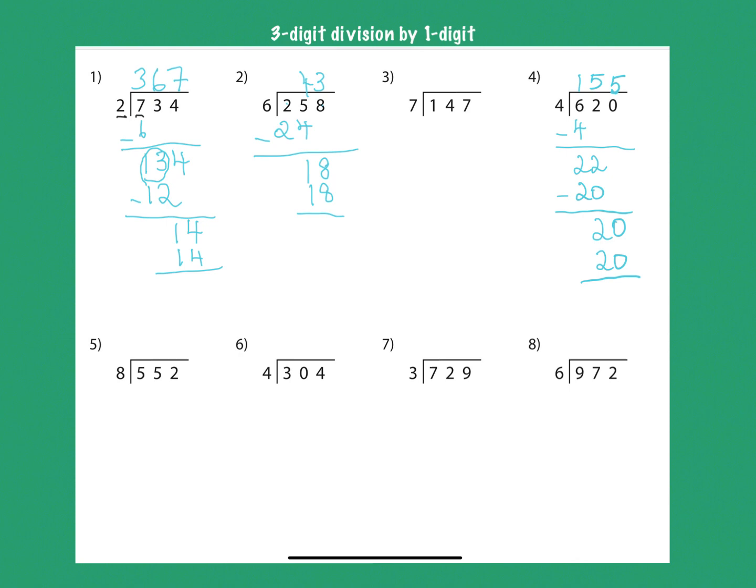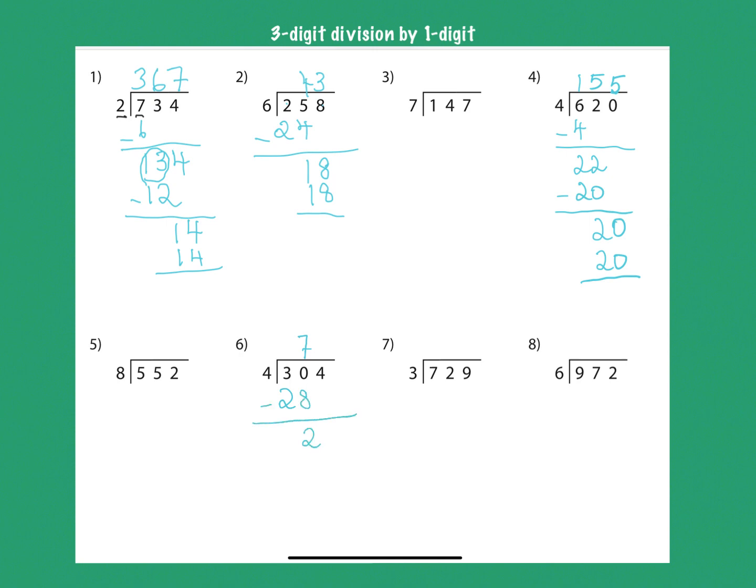How many 4s fit inside a 30? 4 times 4, 16. 4 times 6, 24. 4 times 7, 28. It still fits. 4 times 9, 36. Too big. So 4 times 8, 32. Also very big. So I go down to 4 times 7, which gives me 28.